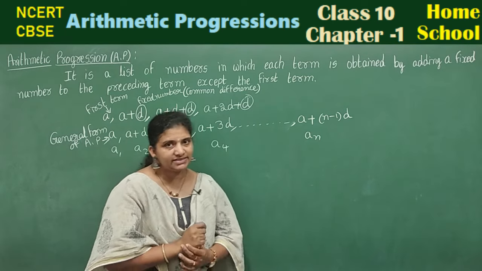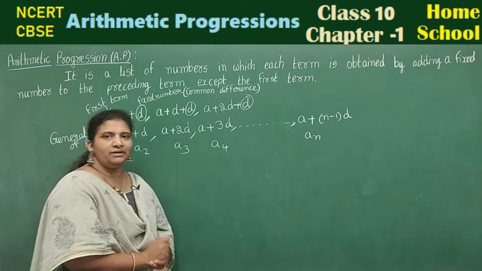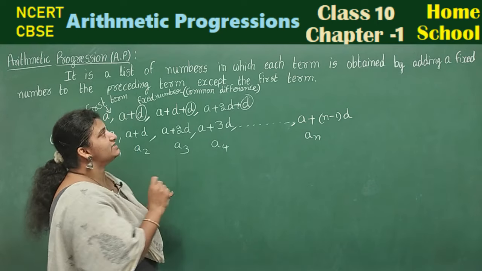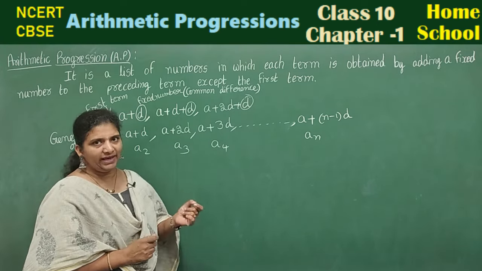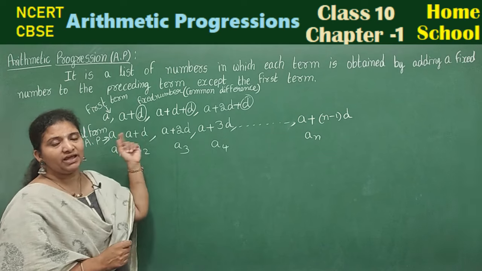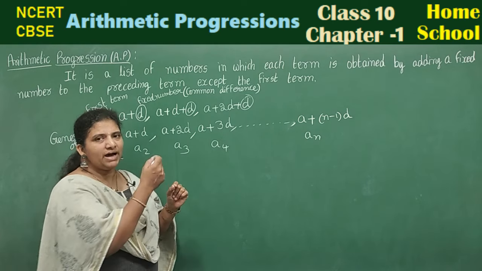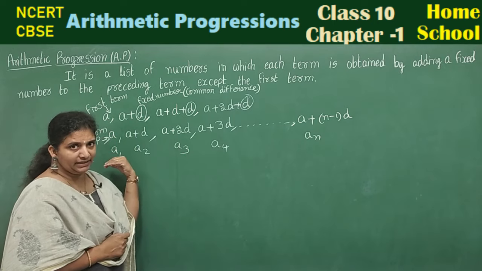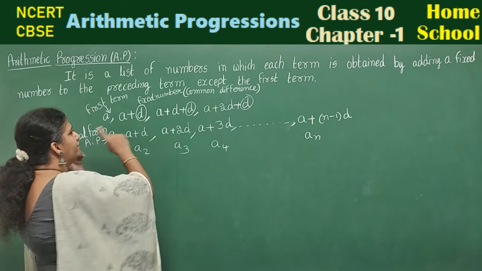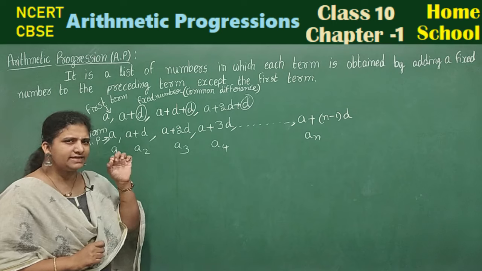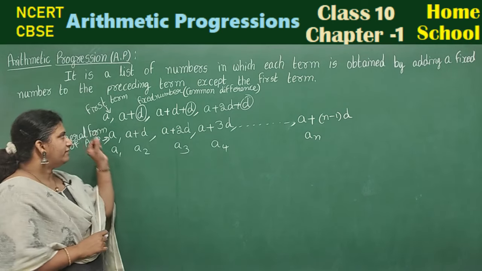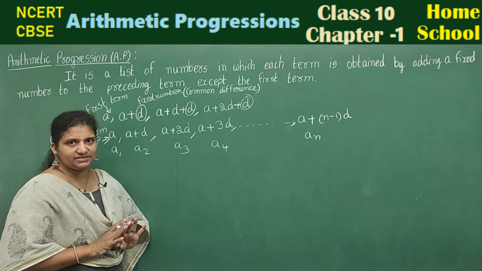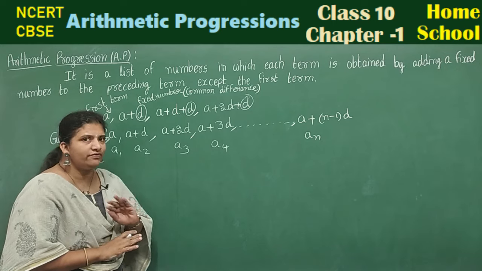So let us read the statement again. Arithmetic progression. It is a list of numbers in which each term is obtained by adding a fixed number to the preceding term except the first term. What is this, except the first term? The first term is obtained as it is, and we are not going to talk about the first term.